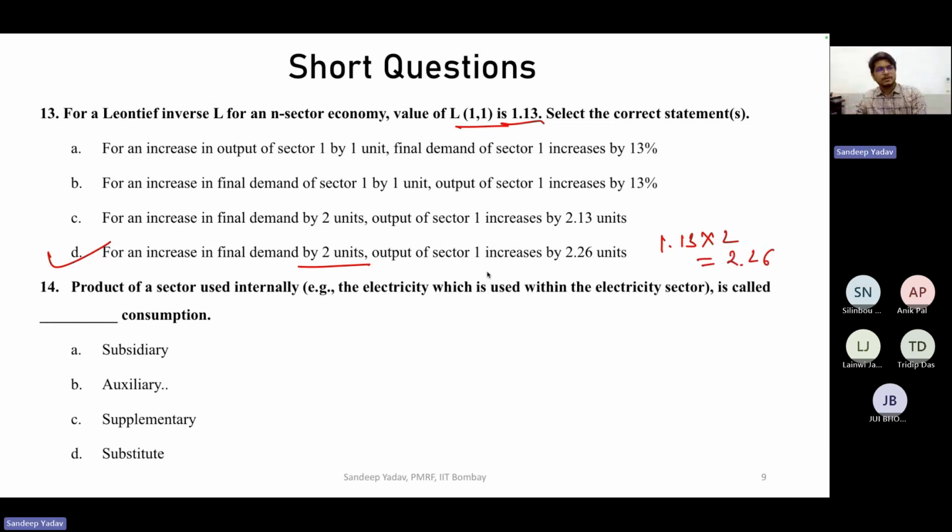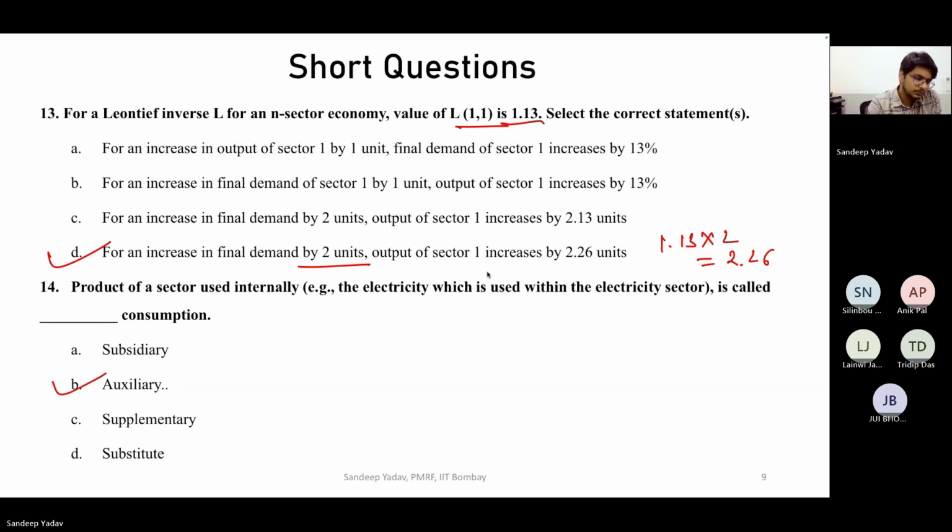Now moving to question number 14. A product of a sector used internally, that is electricity which is used within the electricity sector itself, is called subsidiary consumption, auxiliary consumption, supplementary consumption, or substitute. It is auxiliary. Yes, auxiliary consumption. Correct.